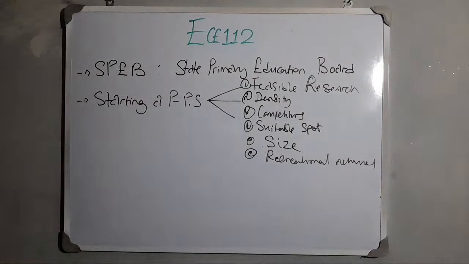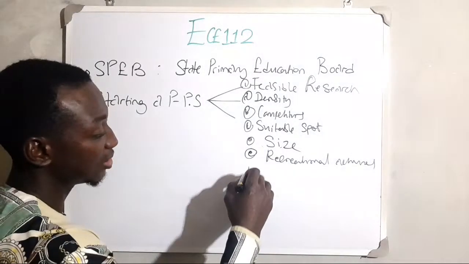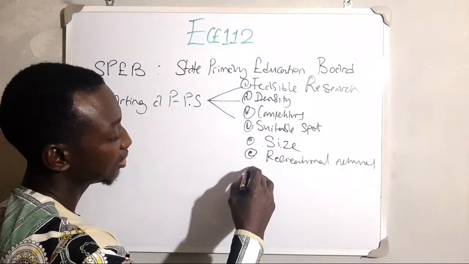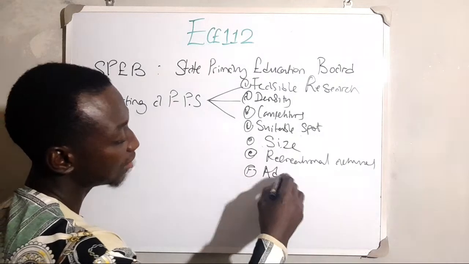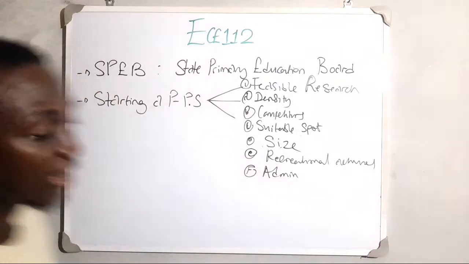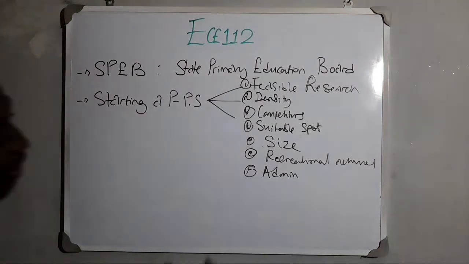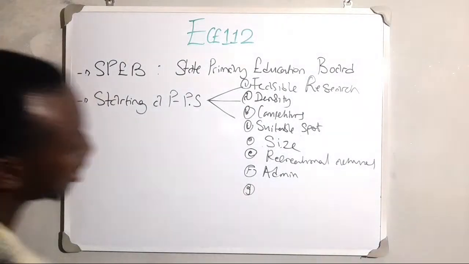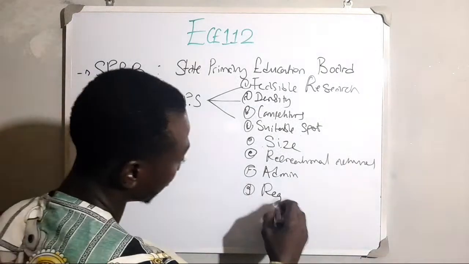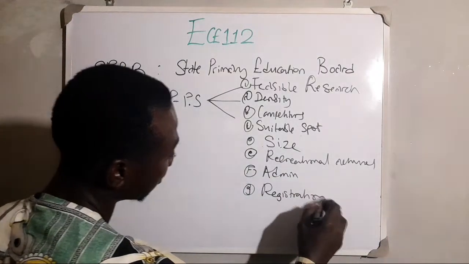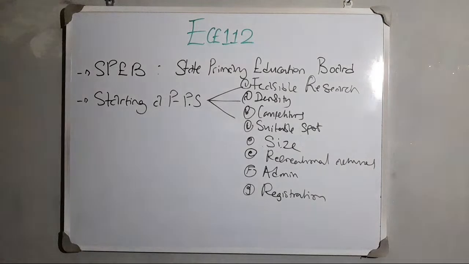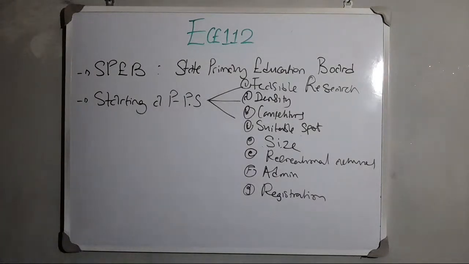Then talk about teaching admin. Admin consists of the teachers and the non-teaching staff. And we have registration. It has to be registered under the state. So these are all the things you consider when you want to start a primary school.